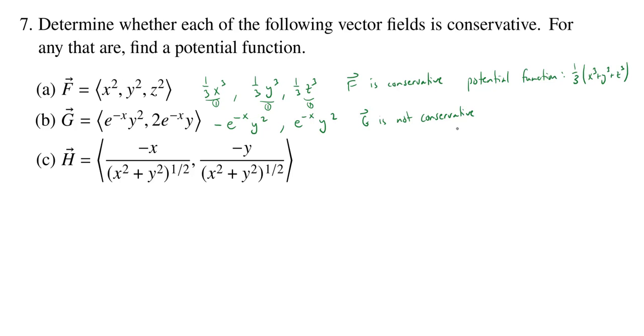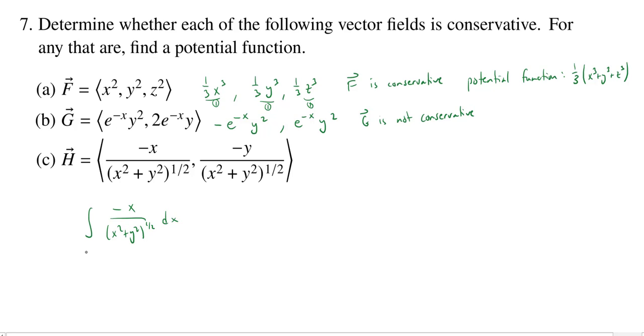All right, let's move over to h. So this one looks a lot more complicated. So we'll maybe have to work a little harder to find this antiderivative. But you notice if we wanted to do an antiderivative, maybe we would do a substitution. So maybe we'll write this out. So you had negative x over x squared plus y squared to the 1/2, and say we're going to take an antiderivative with respect to x.